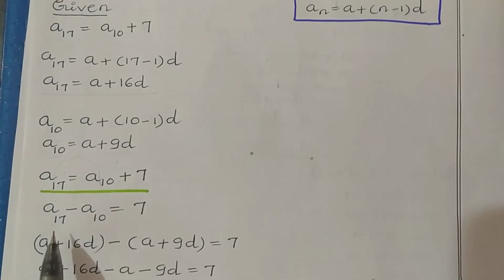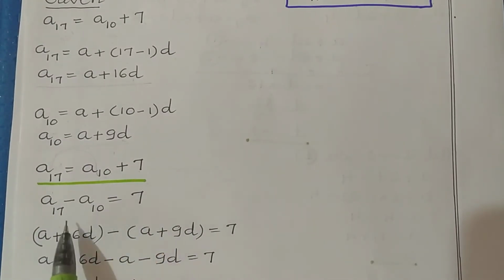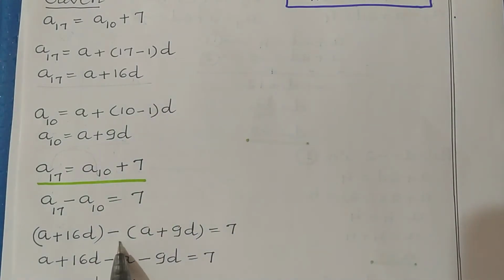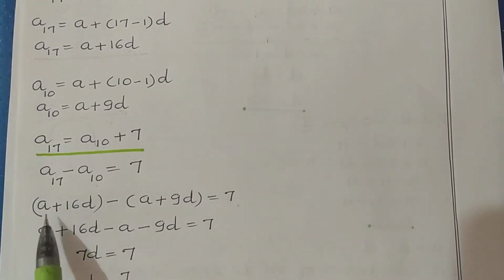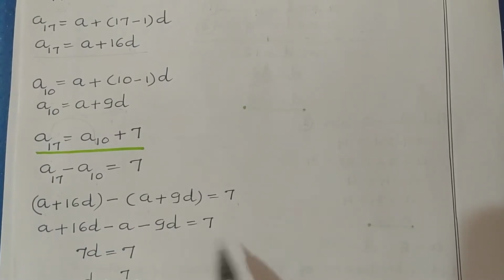So we have here A17 minus A10 is equal to 7. A17 is a plus 16d minus A10 is a plus 9d is equal to 7. That is a plus 16d minus a minus 9d is equal to 7.